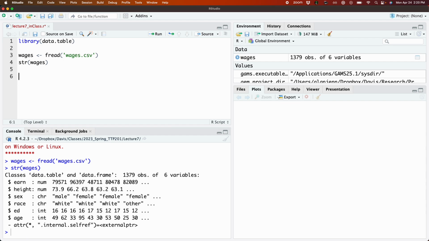Leverage is not a function of your individual regressor. It is the particular data point, right?